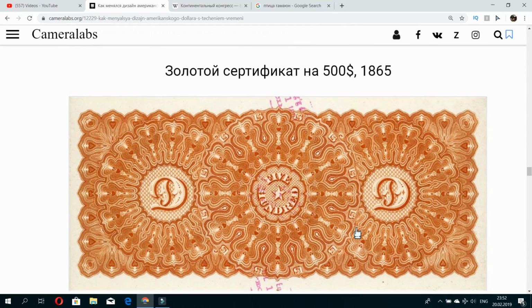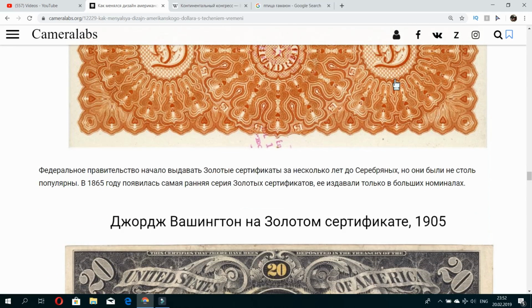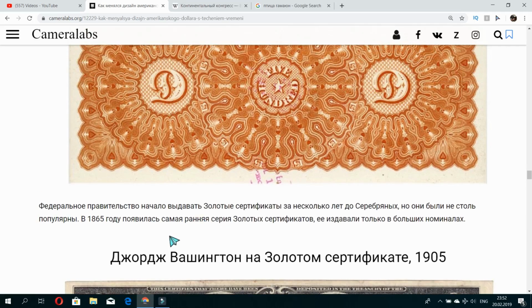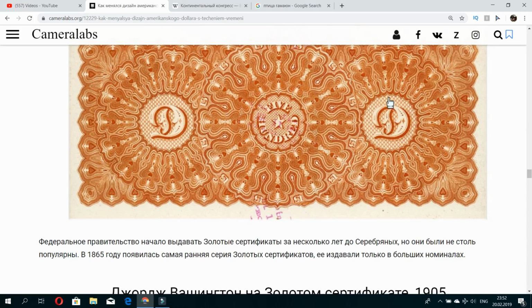So here's this gold certificate for $500 of 1865. The federal government started to give the gold certificates a couple of years before the silver, but they were not so popular, probably because they had a larger amount of money and cost much more.